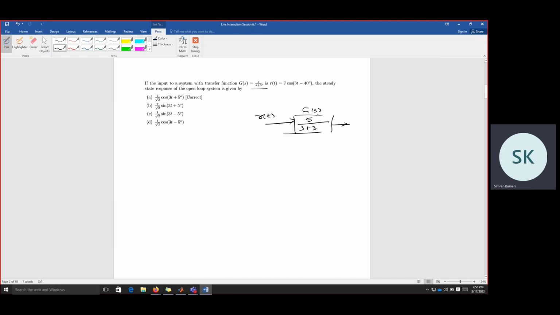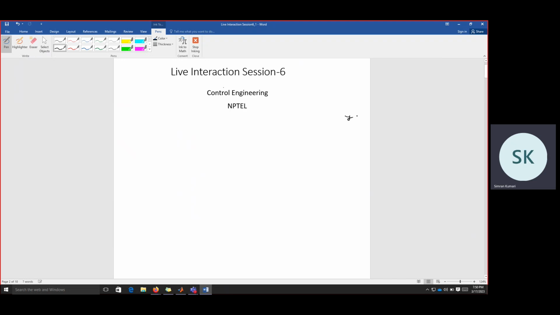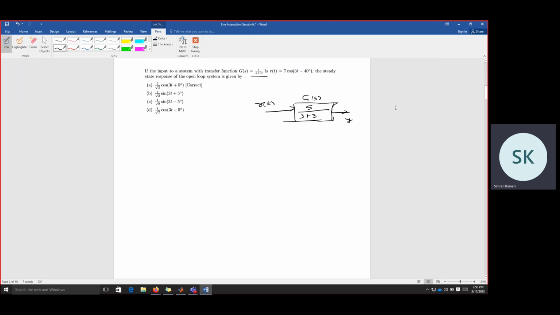So what would be the steady state response of this system? So suppose y(t) is the output. So what would be y_ss, the steady state value?